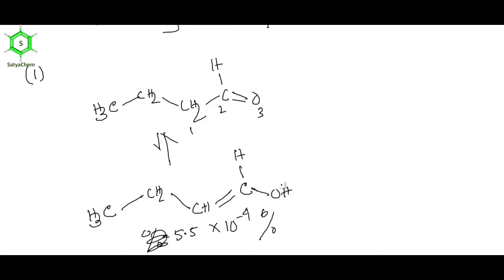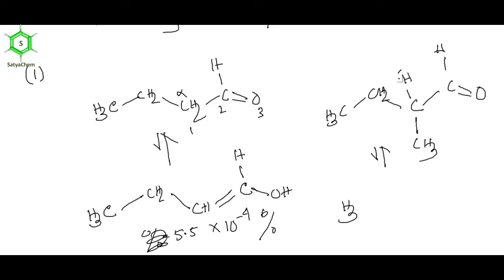But if you introduce a methyl group or any alkyl group on this alpha carbon, then the percentage of enol content increases. So this hydrogen will be shifted to this oxygen because 1, 2, 3. Remember, 1,3 proton shift.